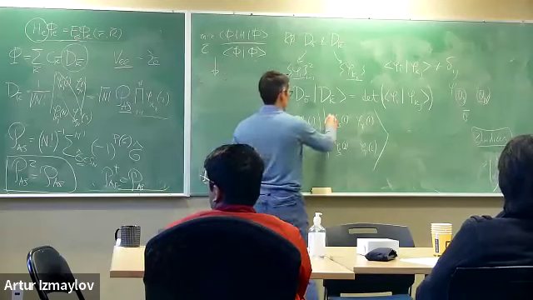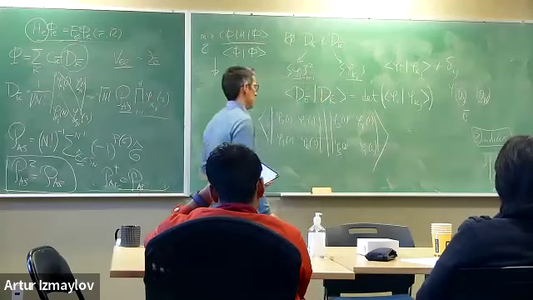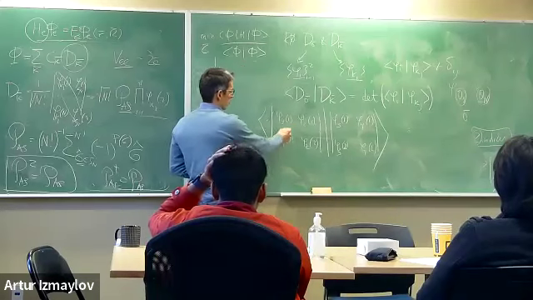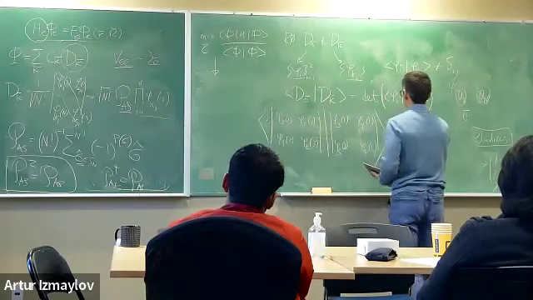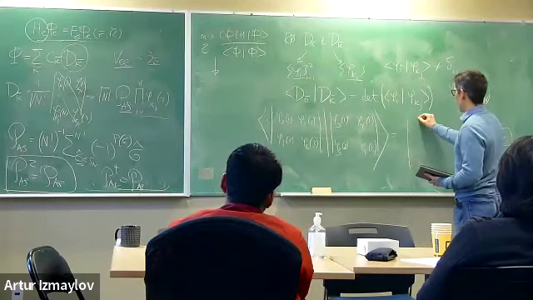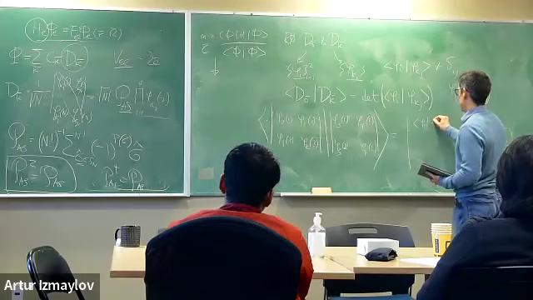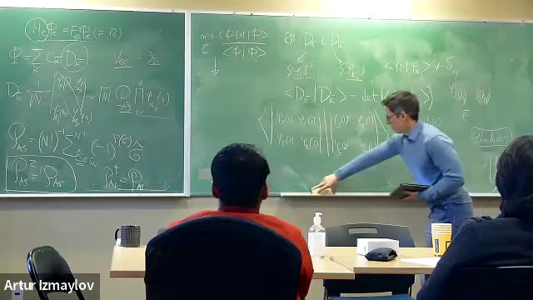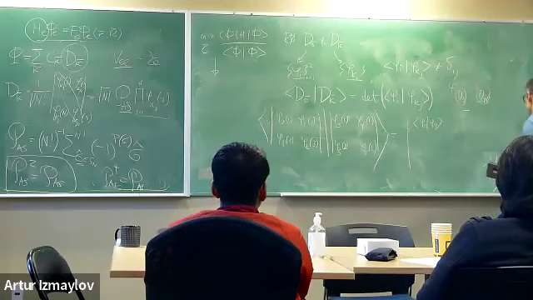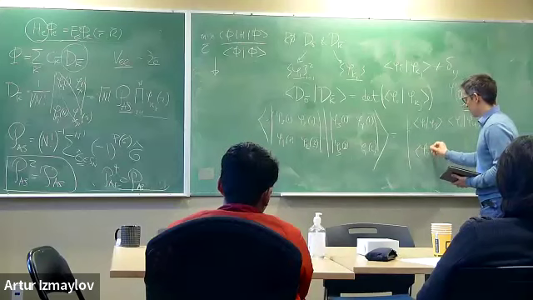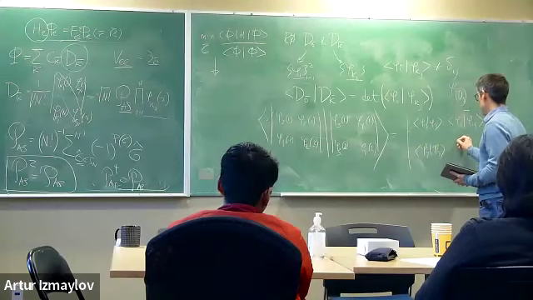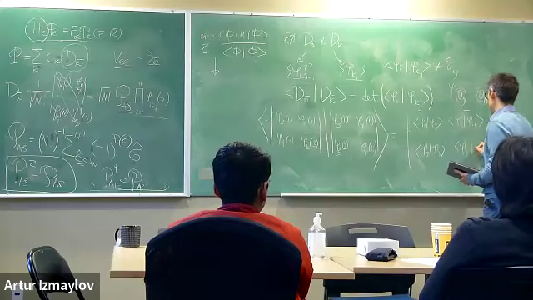The question is, what is this integral over two variables, 1 and 2? And it turns out it's the same as the determinant of phi 1 phi 3, phi 1 phi 4, phi 2 phi 3, phi 2 phi 4.